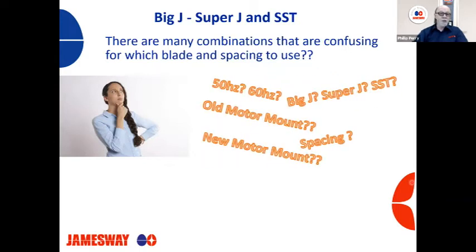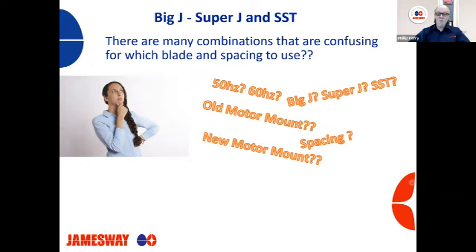You've got 50 and 60 hertz, which takes a different blade, Big J, Super J, SST. You have the old motor mounts, you have the new motor mounts, and then we add spacing to all this. A lot of times I've gone into a hatchery and the total pressure value of that machine was found to be due to the fans.